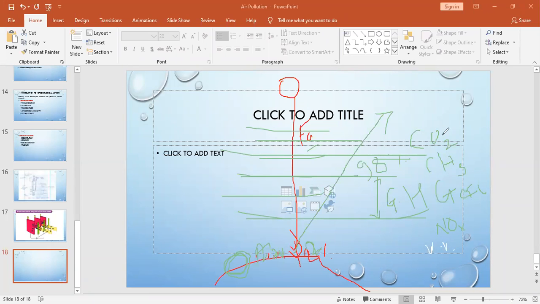These are the 5 gases: carbon dioxide, methane (CH4), CFC (chlorofluorocarbon), oxides of nitrogen, and water vapor. These 5 components are identified as greenhouse gases.